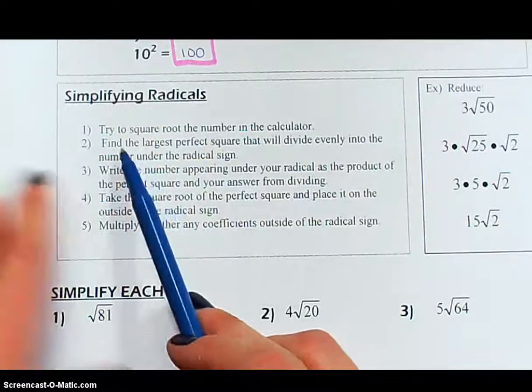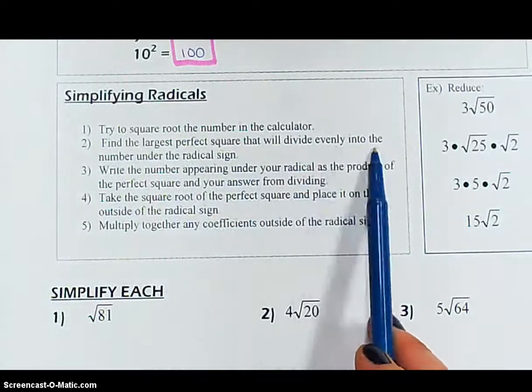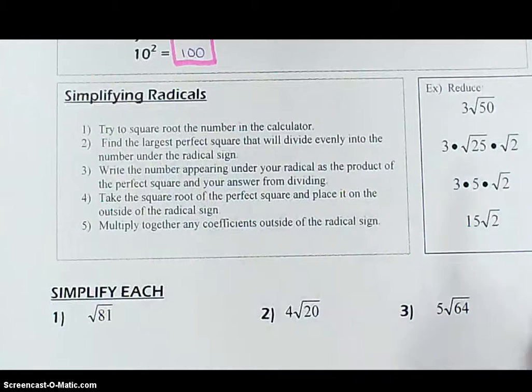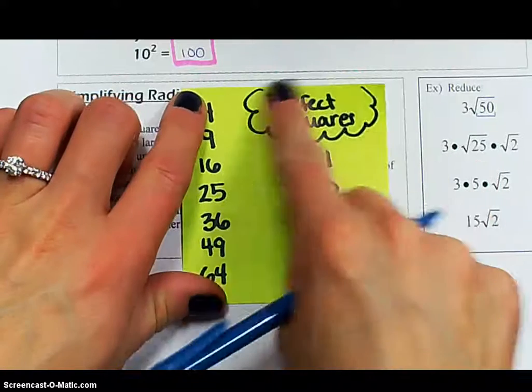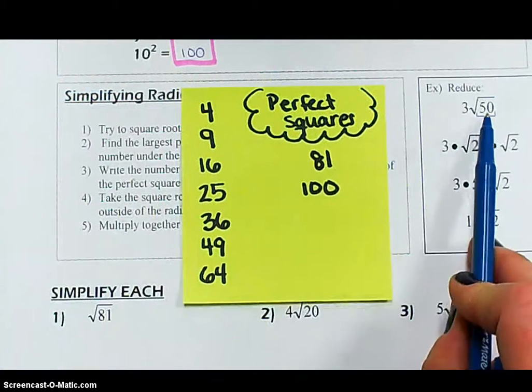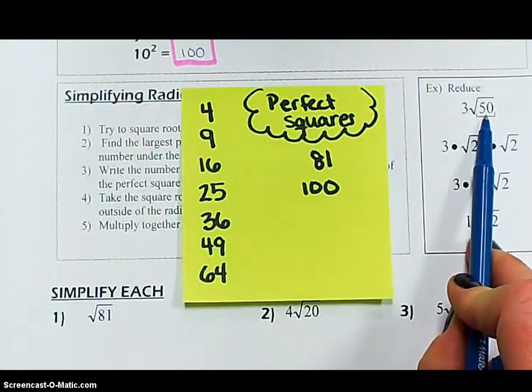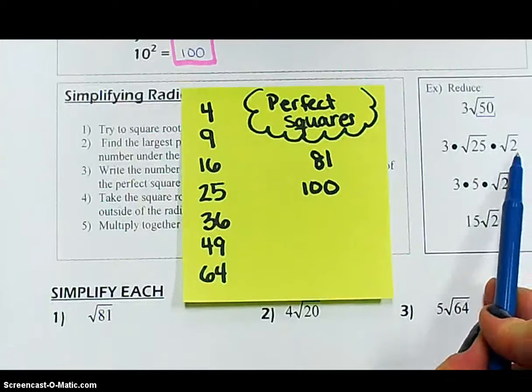So what we're going to do is we're going to find the largest perfect square that will divide evenly into the number under the radical. So my number under the radicand is 50. So here are all my perfect squares. So we need to think which of these numbers will divide evenly into 50. Well, that is going to be 25 and 2.